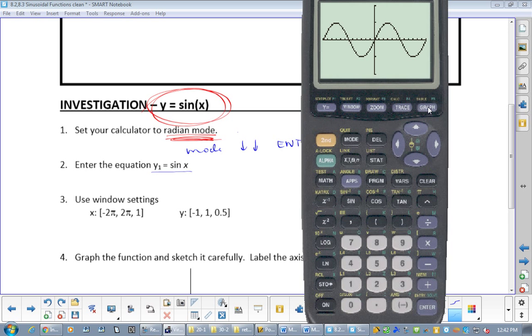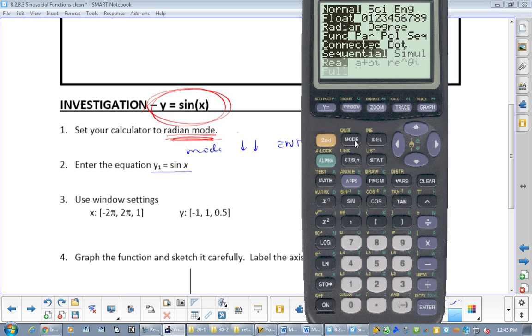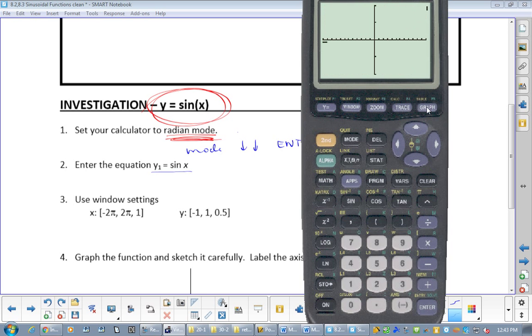Now, what I want you to see is if I am in the wrong mode. So if you did that and then you hit graph, okay, it looks like that.